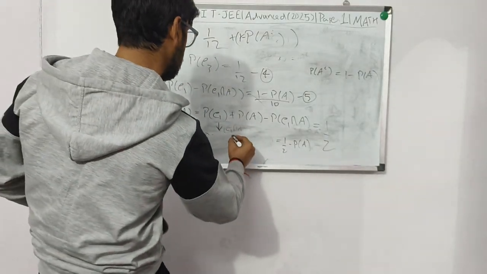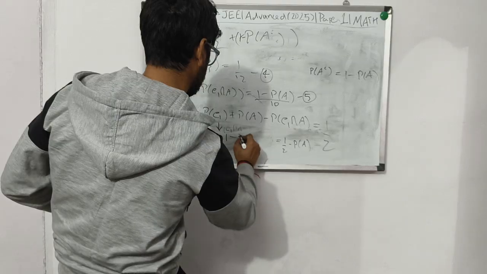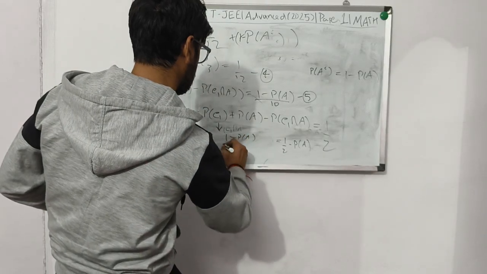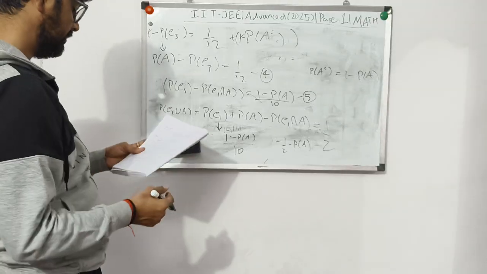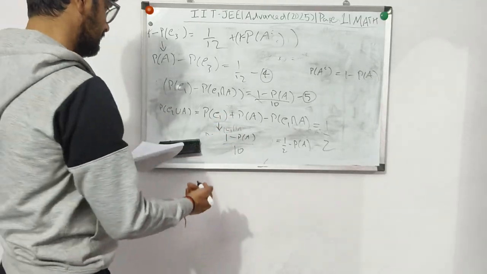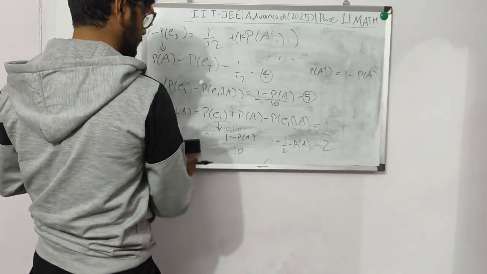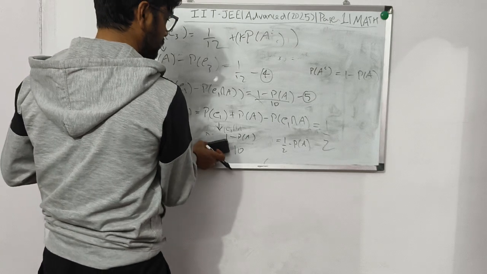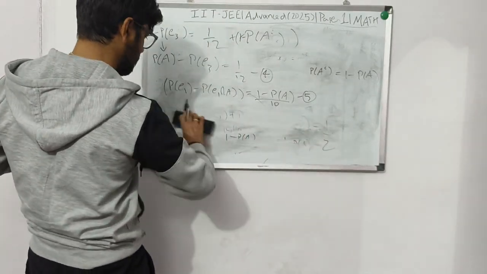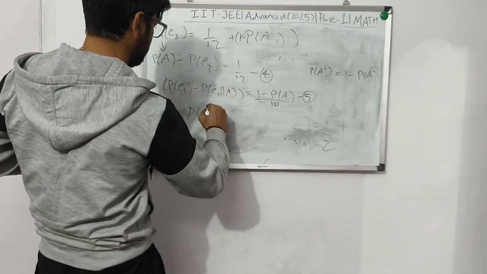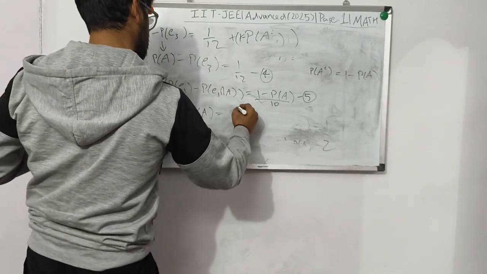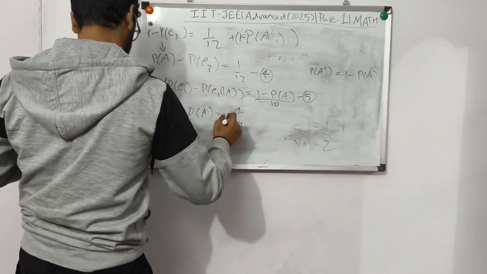And we get (1 minus P(A)) upon 10 equals half minus P(A). From here we can solve for P(A). If we do all the arithmetic, we get P(A) equals 4 upon 9.